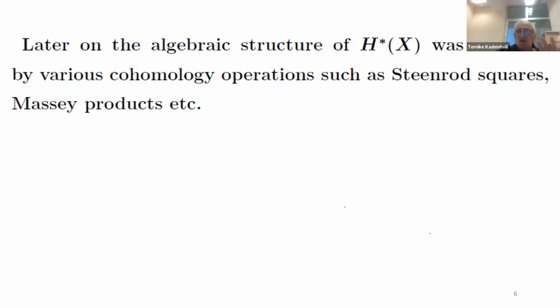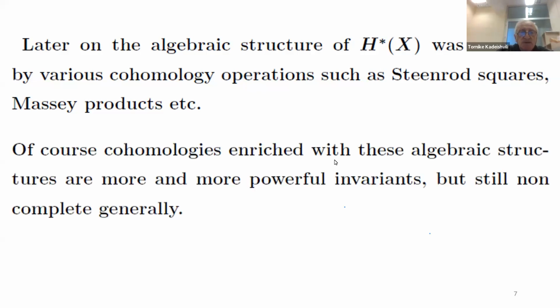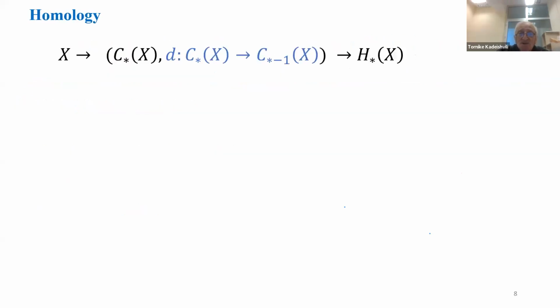Later, in the 40s and 50s, people introduced Steenrod squares, Massey operations, and so on. Algebraization of cohomology continues during the whole century. But none of them are complete invariants.